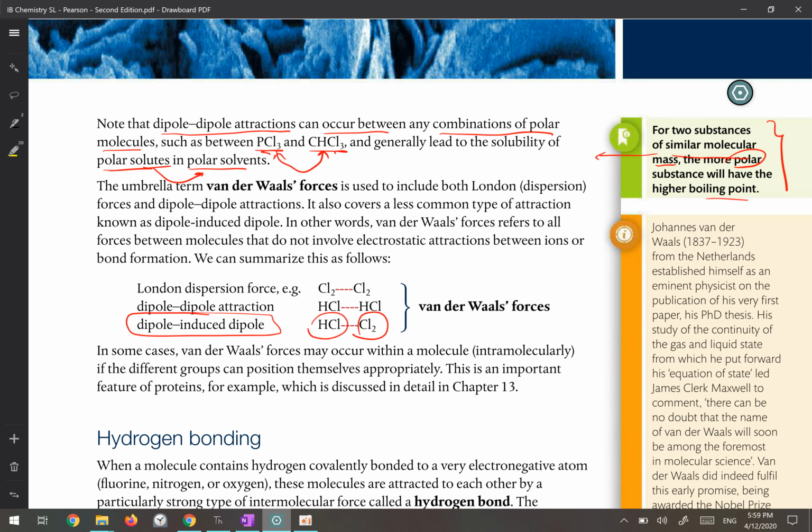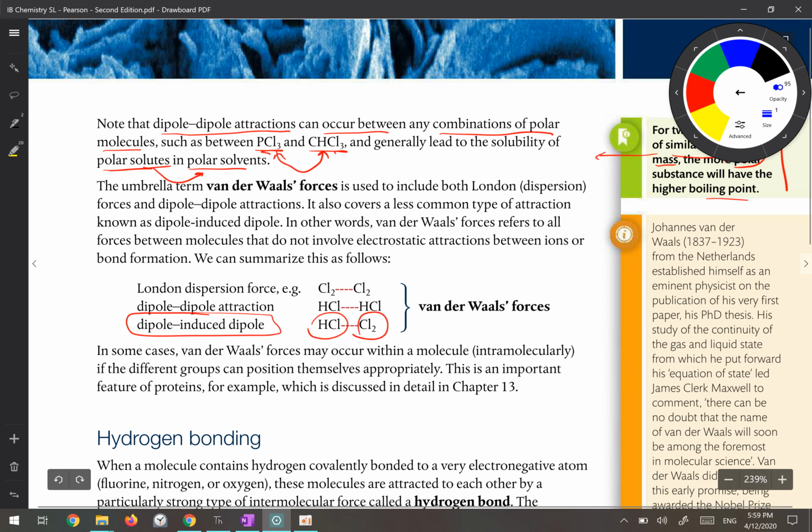Okay, so let's go back to your book. We finished up to here. Let's talk about van der Waals forces. Van der Waals forces is a very general term, and it includes all three types of attraction which you can have between molecules.